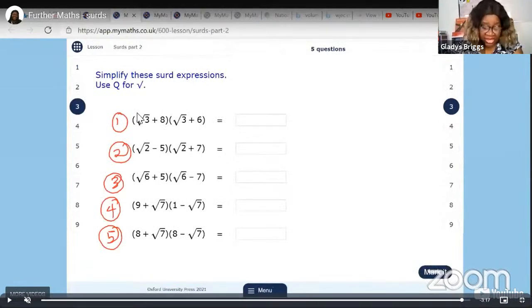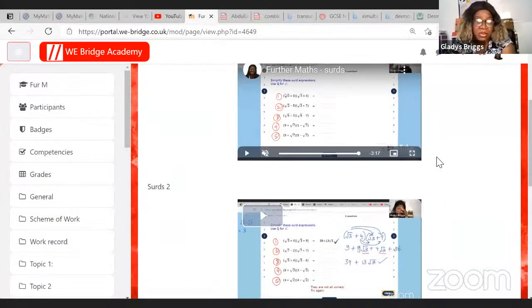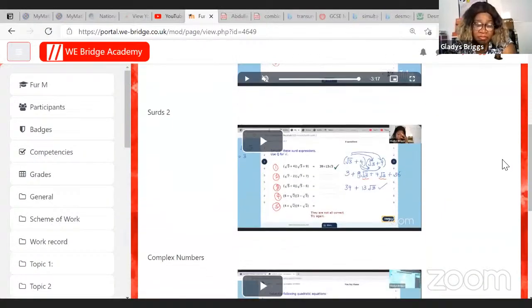You need to know how to expand brackets. Did I write a couple of questions? Okay, so that was what we did with that one. Then topic 7 is actually pretty much straightforward.